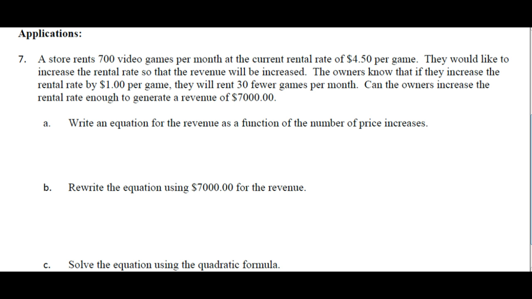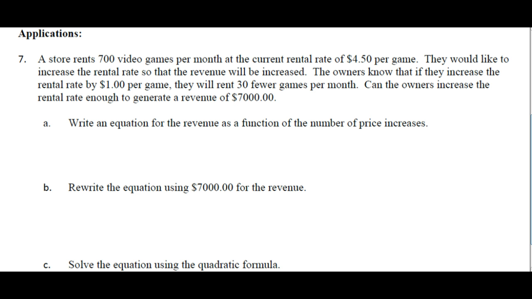So the question becomes, can we model this situation, and can we find out if they can generate a revenue of $7,000, and then what would the price be, and so on. So write an equation for revenue as a function of the number of price increases.